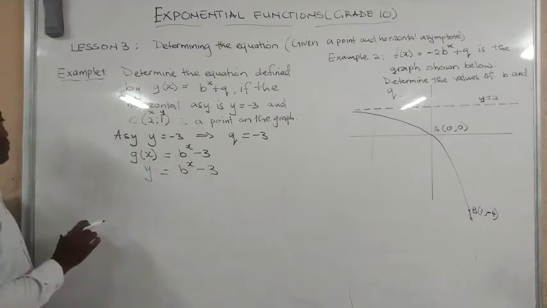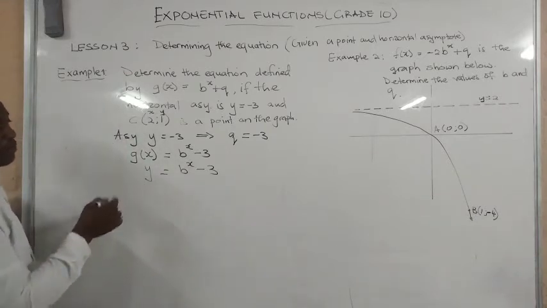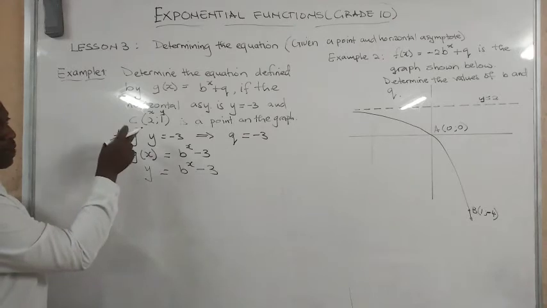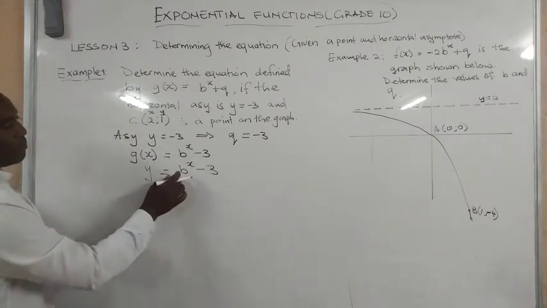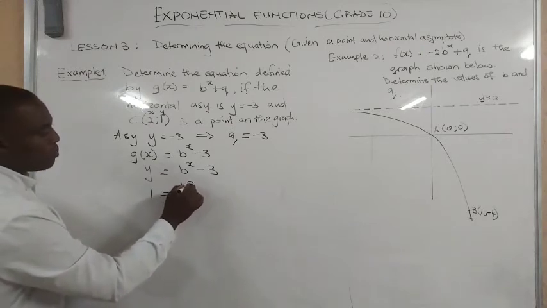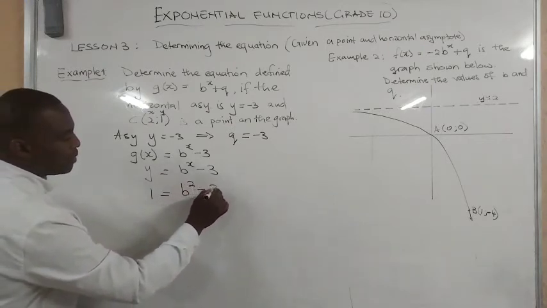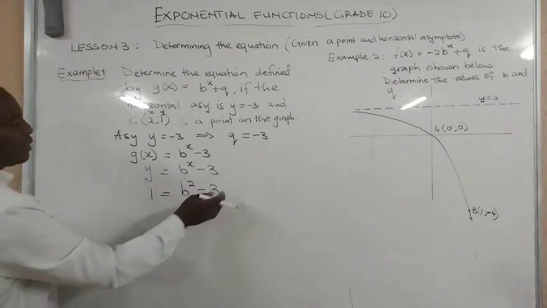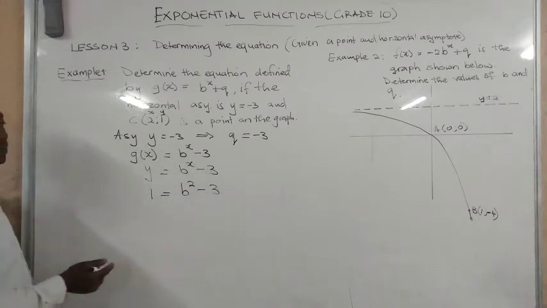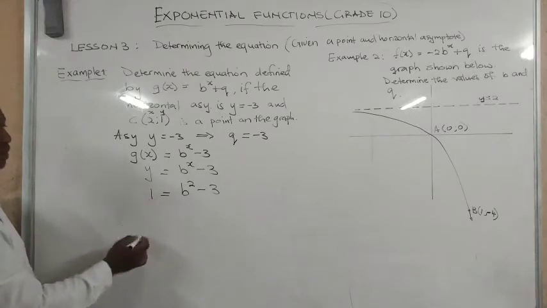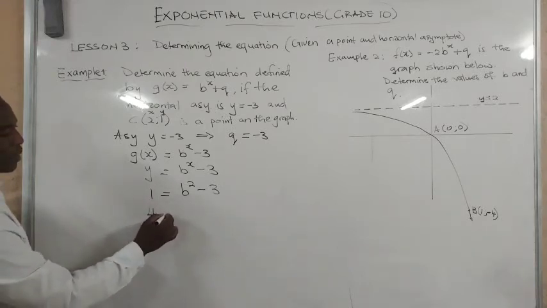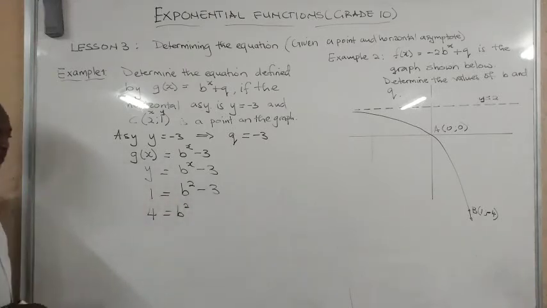So at C, which is a point on this graph, y is 1, so we substitute. X is 2, that is b to the power 2, minus 3. And then adding 3 both sides, or transposing -3, it will now be positive this side. That means we'll have 4 is equal to b squared.